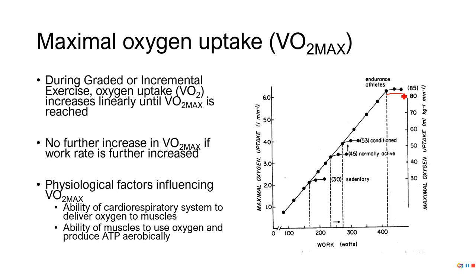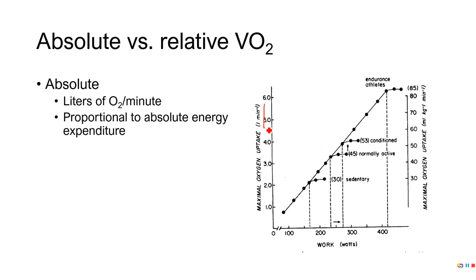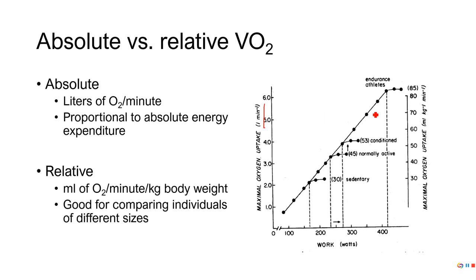The last thing that we're going to talk about is absolute versus relative. And so we've got both scales here. We've got absolute, which is here. And so absolute is just how much oxygen are you using? I want it in terms of liters of oxygen. All right. And then we've got relative, which is this axis over here, which is how much oxygen are you using, but we're going to standardize it versus body weight. Okay.